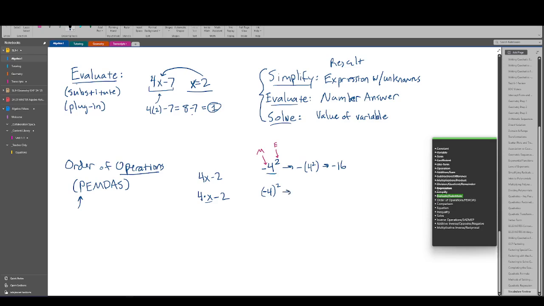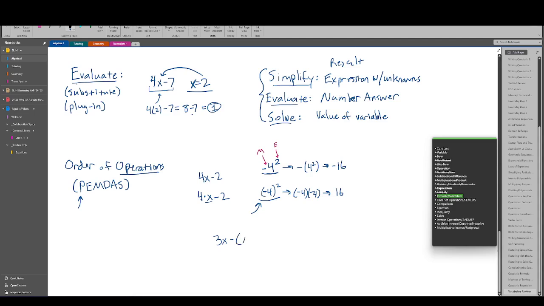In this case, this means negative 4 times negative 4, which is going to give me a positive 16. If you type this into a calculator, the top way, you get negative 16, and the bottom way, you get positive 16. Typically, we really mean this, so we can use parentheses in a calculator to make sure that we get the answer we actually need.